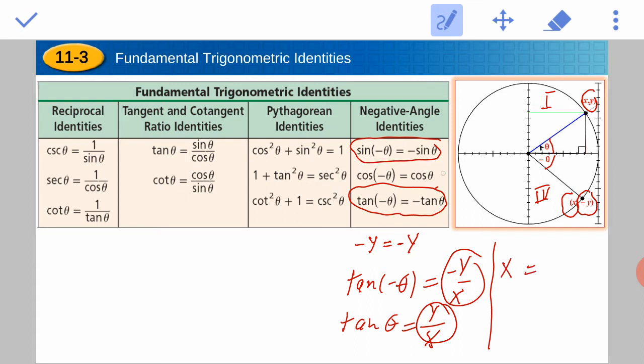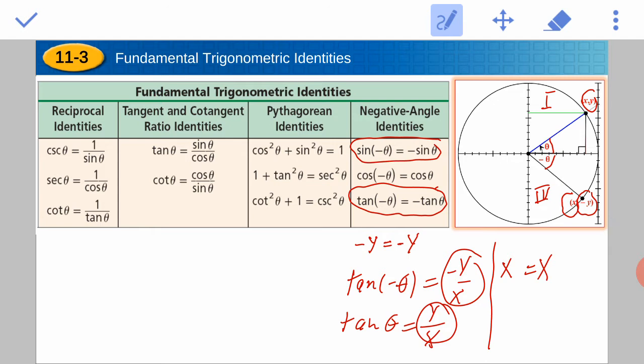What about cosine angle theta? Cosine angle theta in quadrant 1 is also equal to x. Remember guys, the x coordinate is positive in quadrant 1 and in quadrant 4. So cosine angle negative theta is equal to cosine angle theta. Both of them are equal to x. We call this group of identities the negative angle identities.